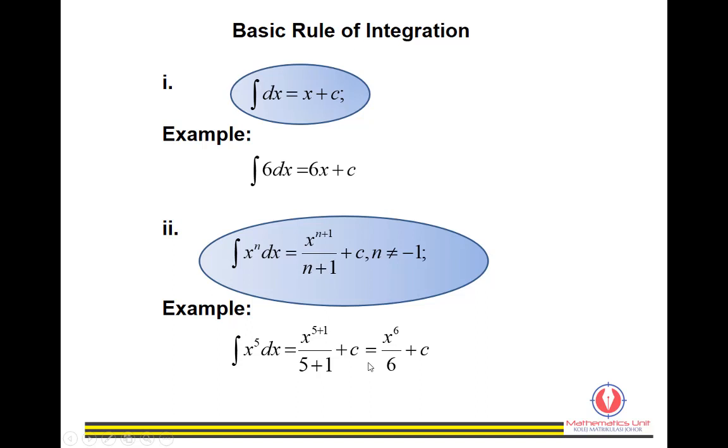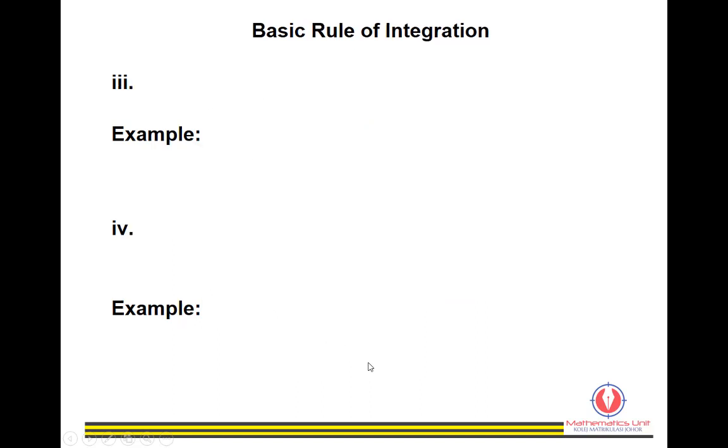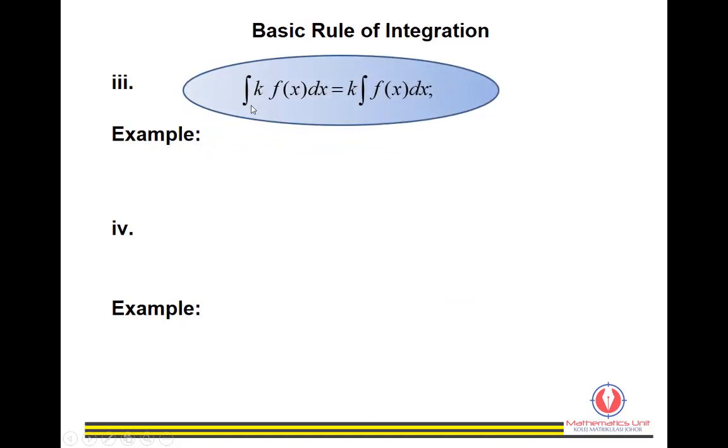Rule number 3: when we have the integral of k f(x), where k is the coefficient of function f, we can factorize k and integrate function f. For example, we have the integral of 4 times 2x to the power of 3.